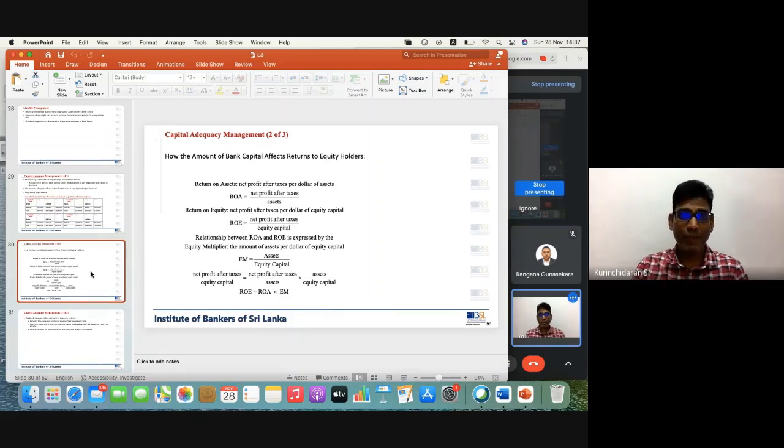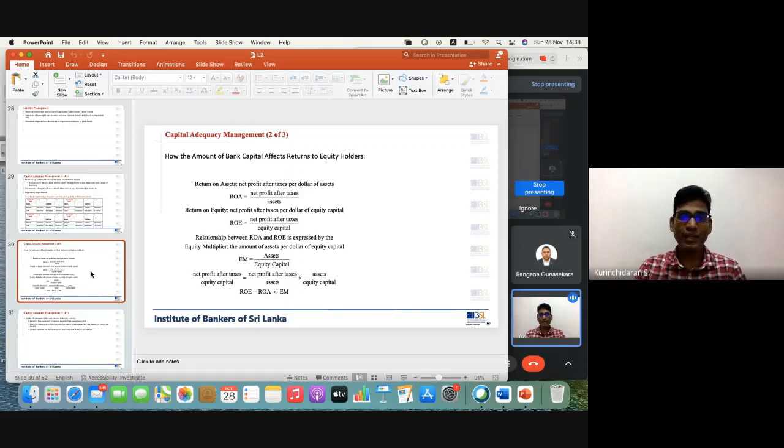When you have more and more capital, and you discuss in ALCO that you are going to do a rights issue or go for additional capital, there will always be some opposition to reject that proposal. One reason is that you have to share your profit, and that share may not be sufficient to mitigate the risk. So it's very difficult to get shareholders' approval.